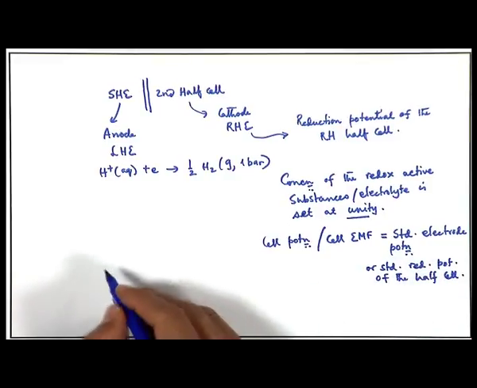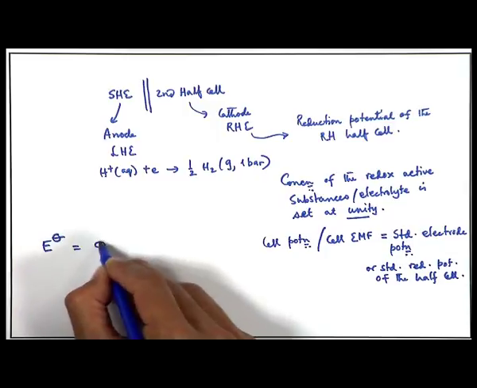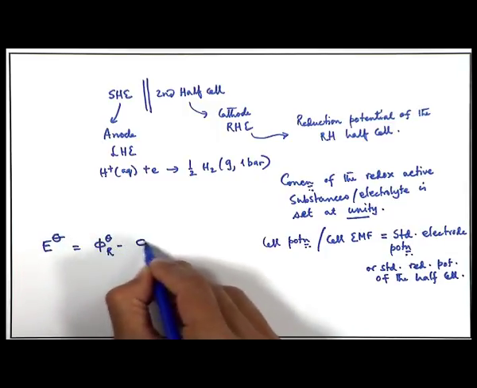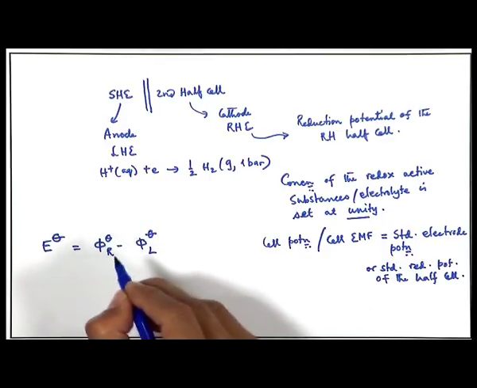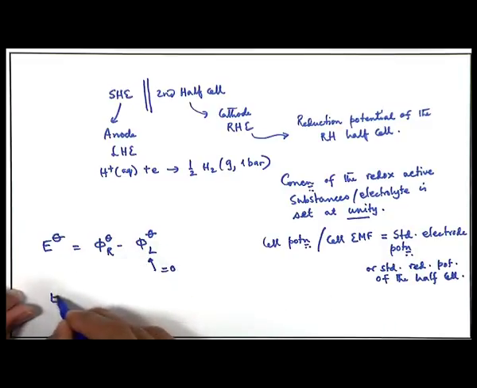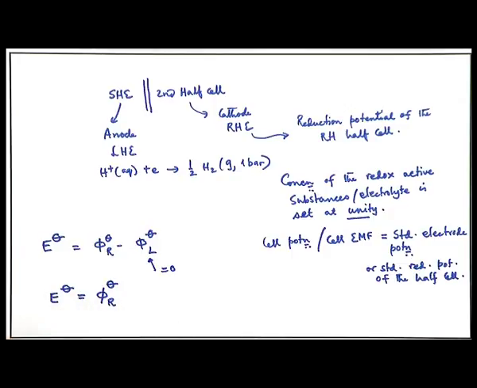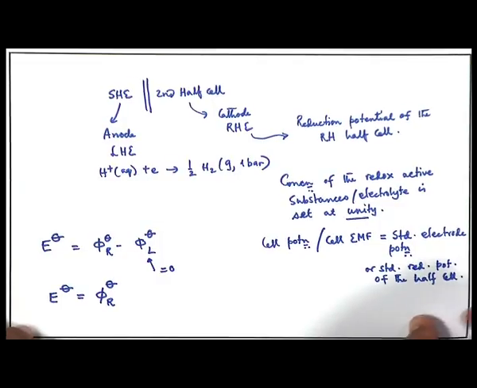Therefore, what you can write is E 0 bar, that is your standard value, is phi 0 bar right minus phi 0 bar left. Now, this one is equal to 0. Therefore, E 0 bar is equal to phi 0 bar right. So, this way you can find out the standard reduction potential of the half cell whose half cell potential is not known.